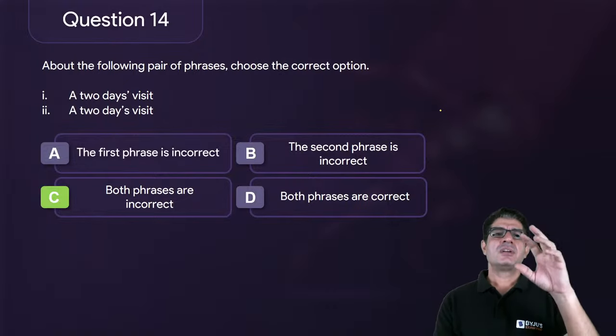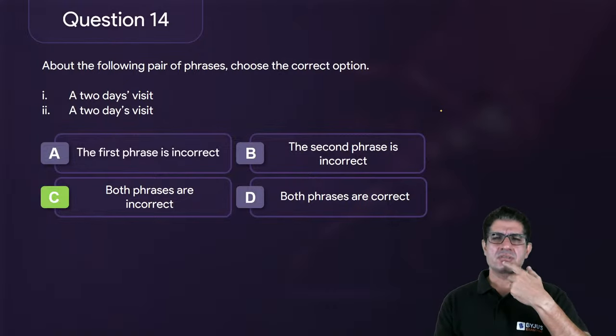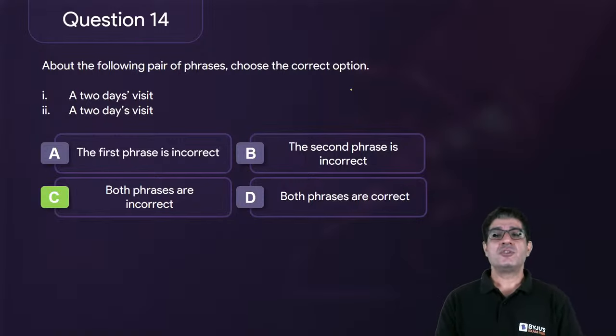Why? It is not a contraction. In this case, all that we do is we show possession, but then you use that with a noun to show possession. In these two cases, "2 days", "2 day" is an adjective. So the grammatically correct expression should be a 2 day visit.